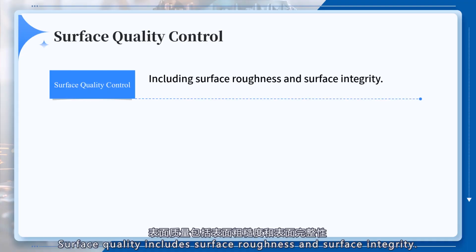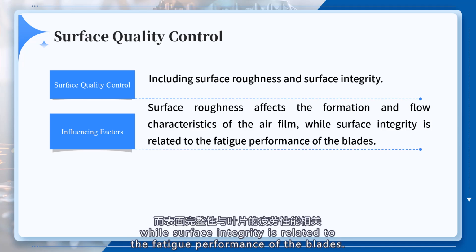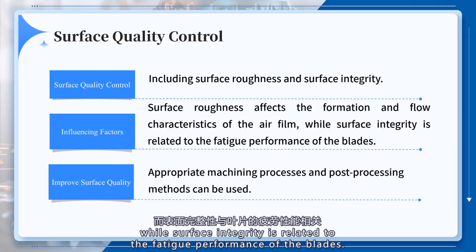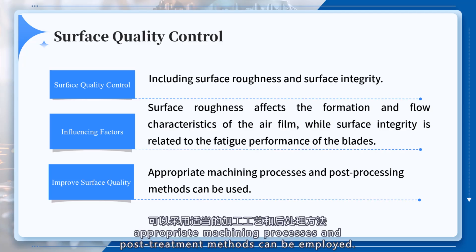Surface quality includes surface roughness and surface integrity. Surface roughness affects the formation and flow characteristics of the film, while surface integrity is related to the fatigue performance of the blades. To improve surface quality, appropriate machining processes and post-treatment methods can be employed.